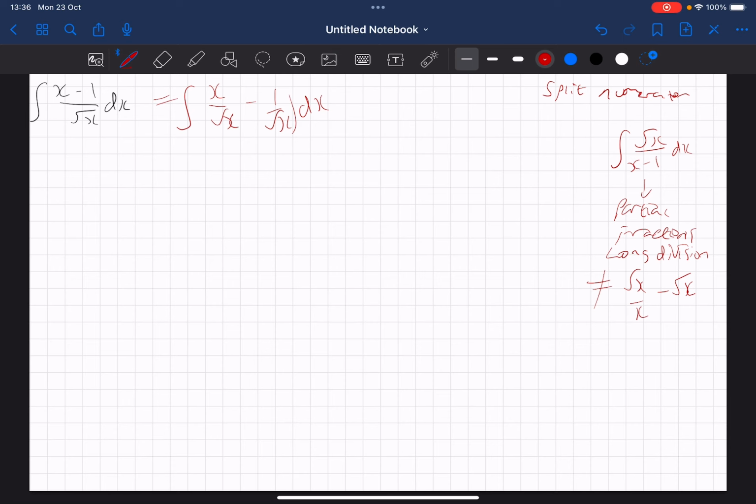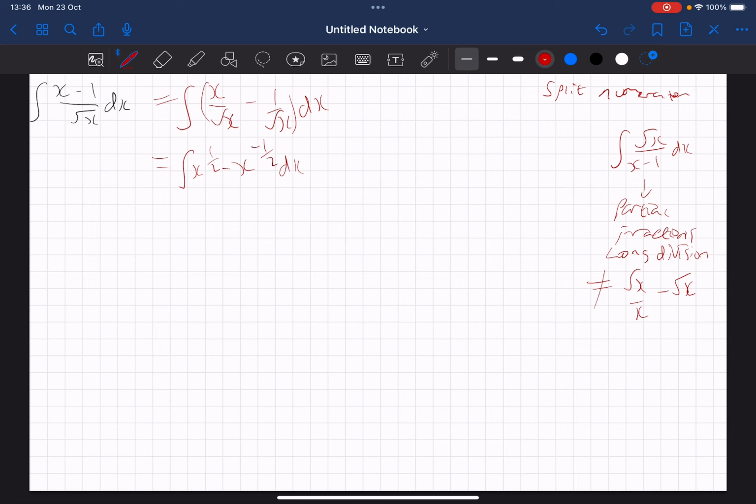Now, really, if we got 2 terms, we should put a bracket around it. We don't need to, but if you want to, you can do. Now, we've got x to the 1 divided by x to the half. Now, 1 minus a half using index laws will just get you the integral of x to the half. And minus 1 over root x is x to the minus a half. Just got to be slightly careful with your minus signs there.